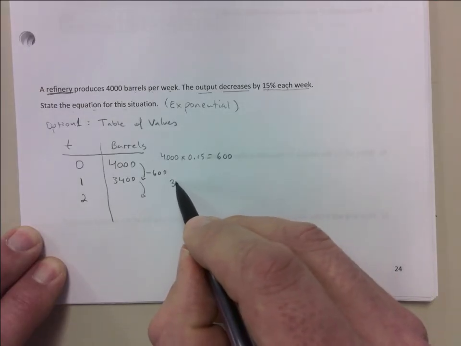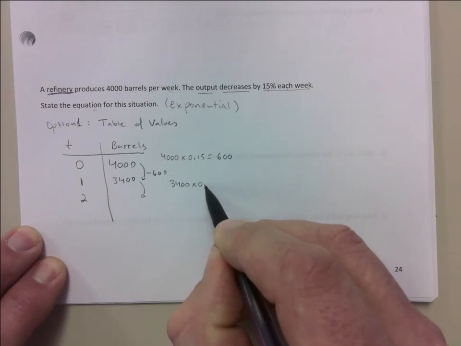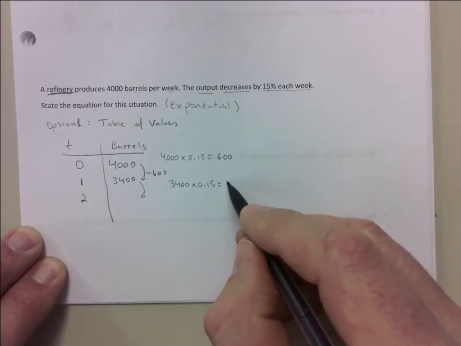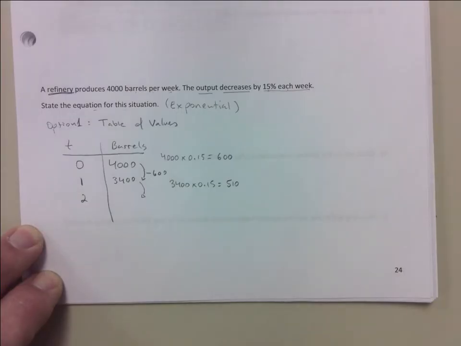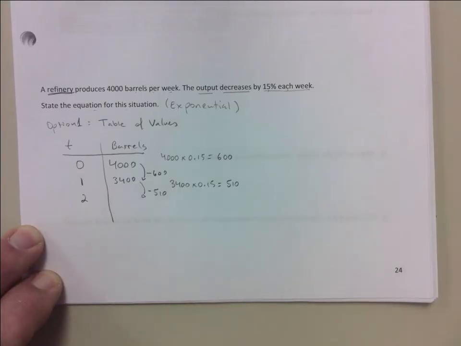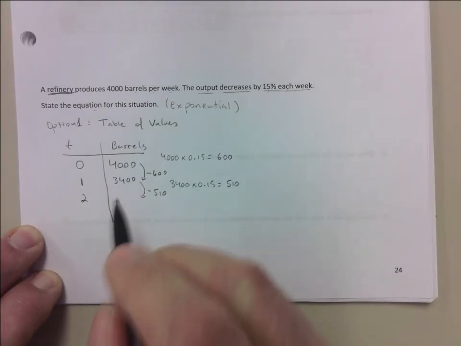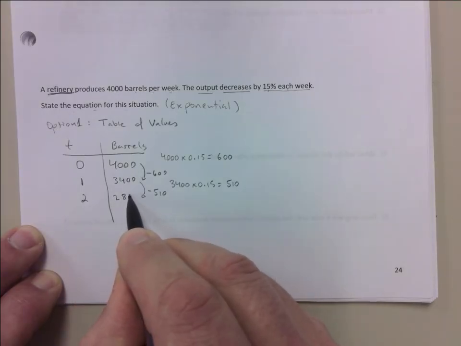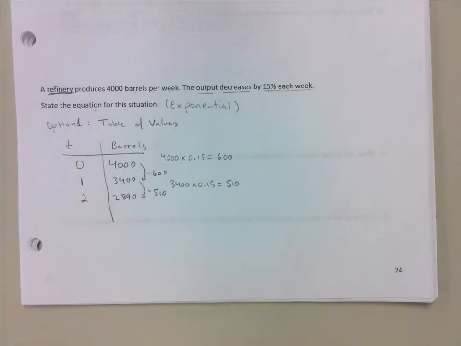So we're going to go 3,400 times 0.15. That's 510 barrels of a drop. So minus 510. That means that week 2, you're only making 2,890 barrels.